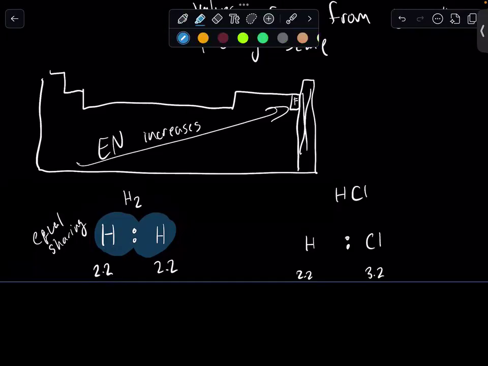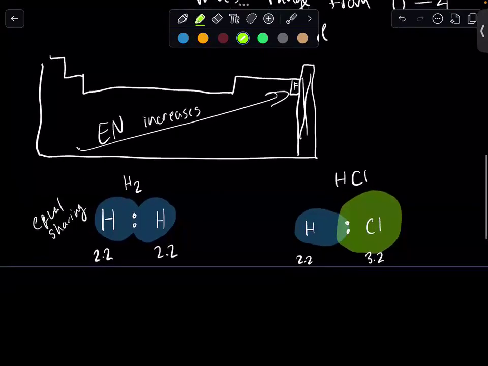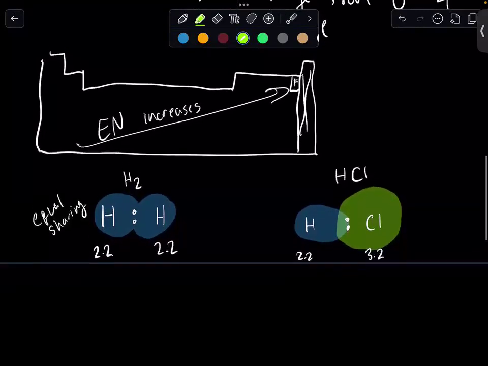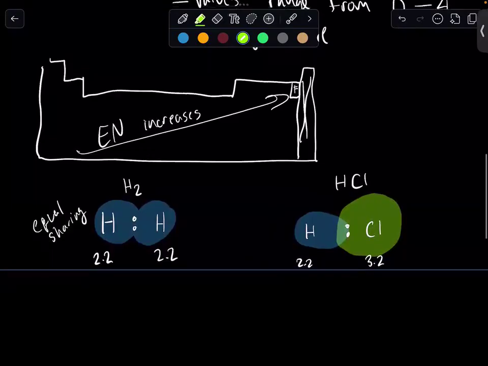So when we go ahead and draw these clouds, we notice that it's much more weighted towards the chlorine. The electrons are more likely to be in the chlorine's region. So this is where we start looking at what we call bond polarity, or polar versus nonpolar bonds.